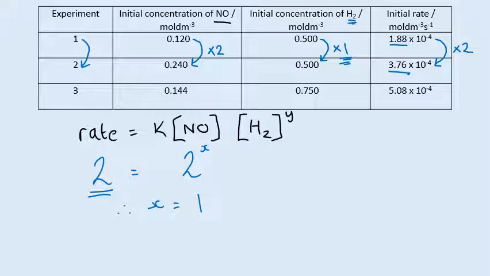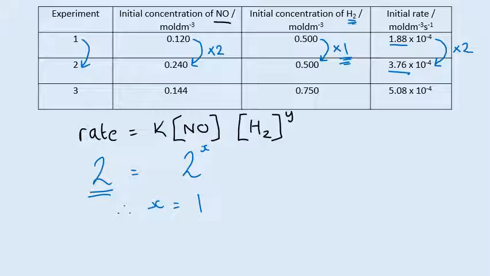Right, now what I need to do is compare two further experiments, this time where the concentration of H2 changes. Now, it is difficult here actually because ideally the concentration of NO wouldn't change, but that's not possible here.